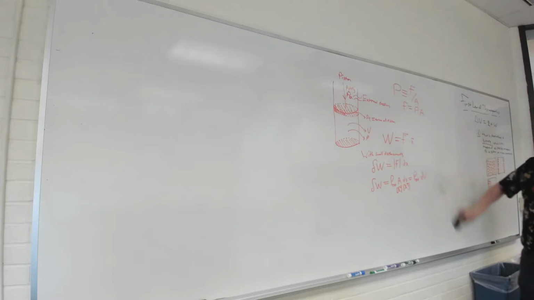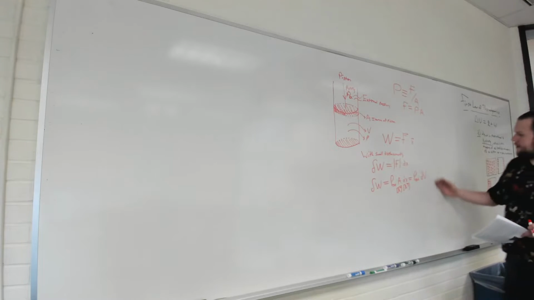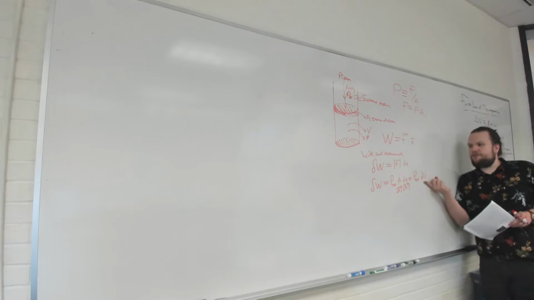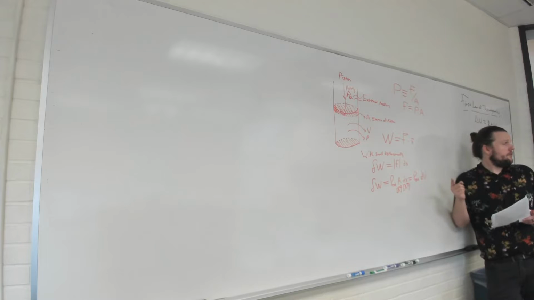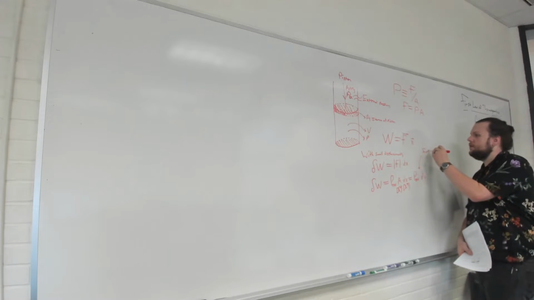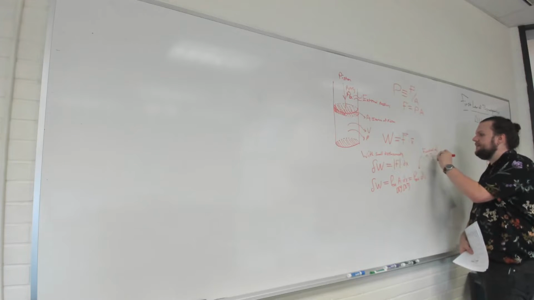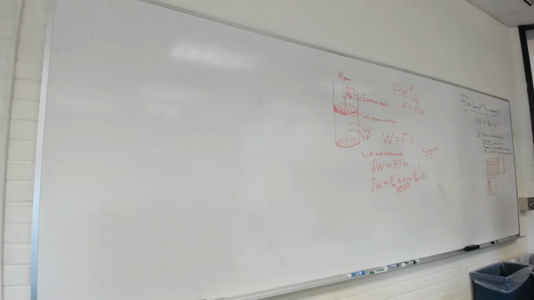Now here's the problem. Pressure and volume are not just independent variables of each other. These are functions of n and T and so on and so forth. They're functions of many variables.